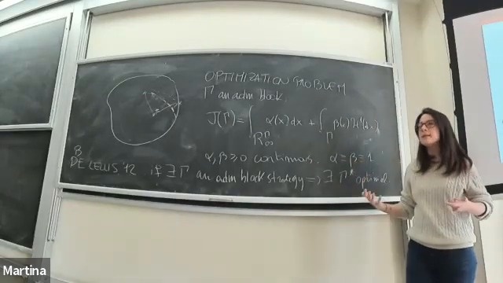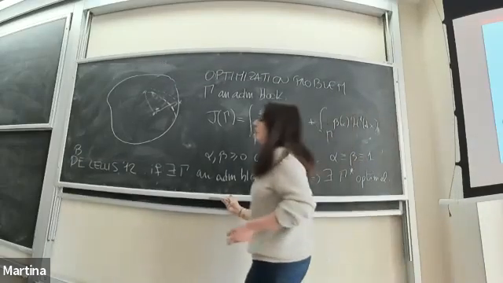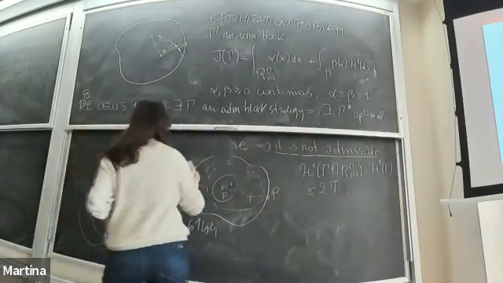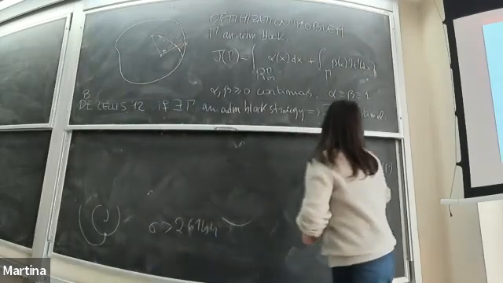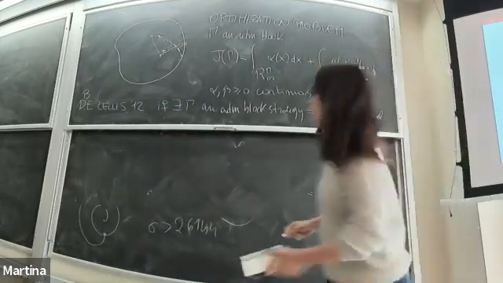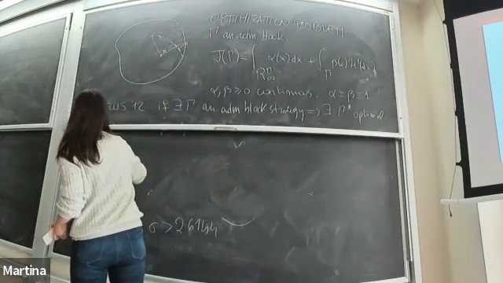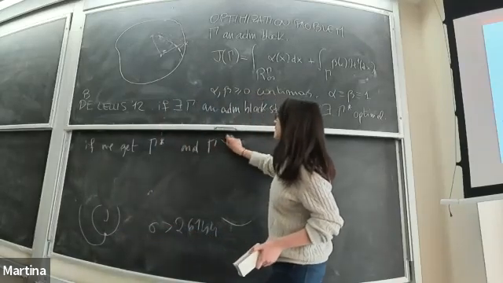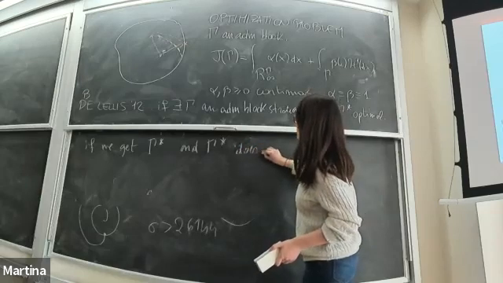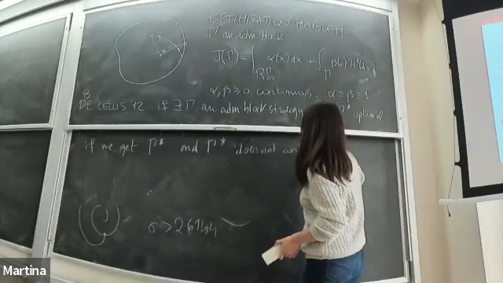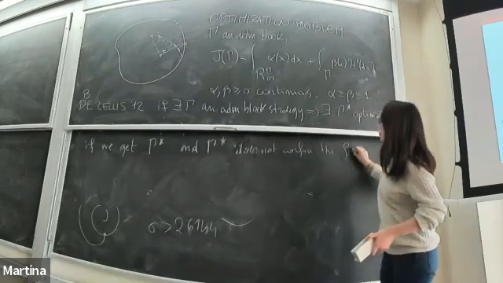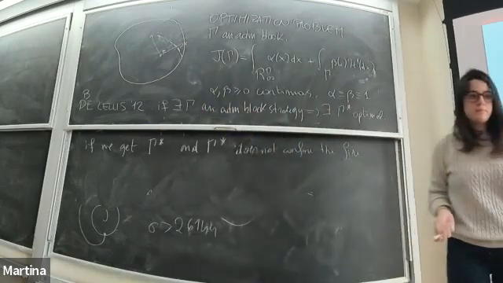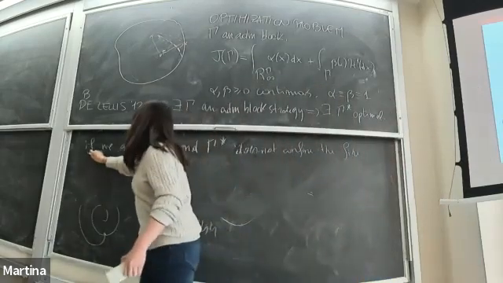The idea is that if we manage to get the optimal strategy, gamma star, and gamma star does not confine the fire, we are fine because we prove that an admissible blocking strategy cannot exist. Okay, so this is the idea.